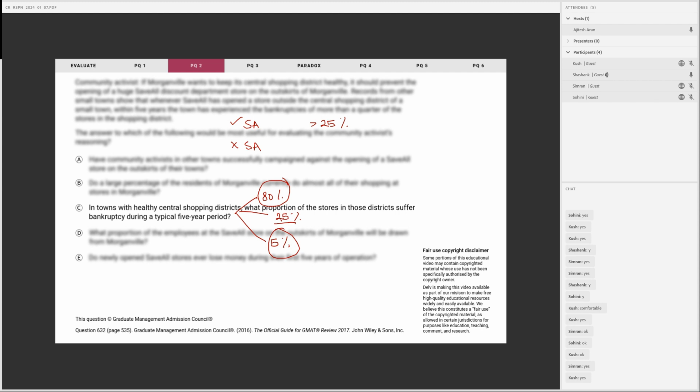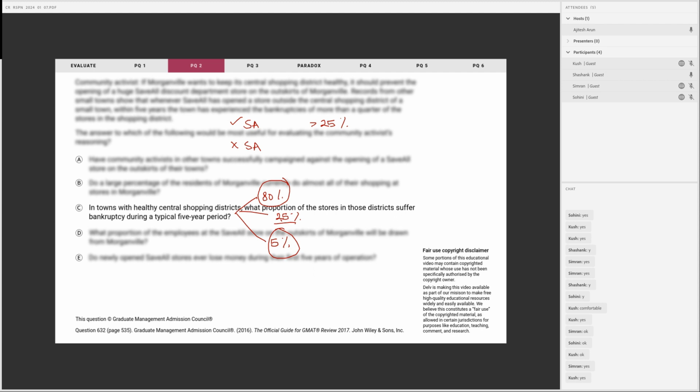So what I was thinking in this case was we basically want to compare healthy central shopping districts with healthy central shopping districts. Is that rationale correct? That seems to be absolutely fine. And option C is talking about healthy central shopping districts, so that seems fine. Yeah, that's basically how I looked at it. I just wanted to know if that reasoning made sense. Yeah, it does. Awesome. All right.